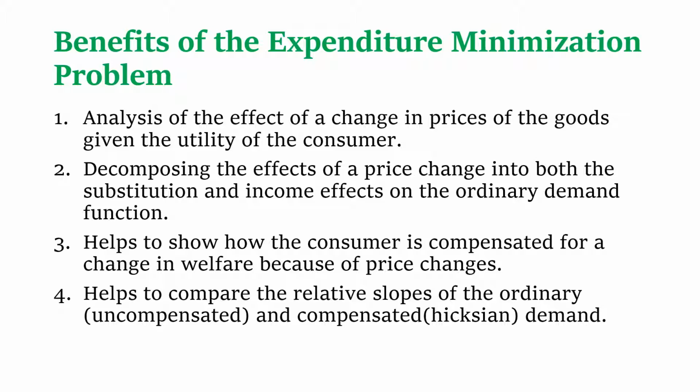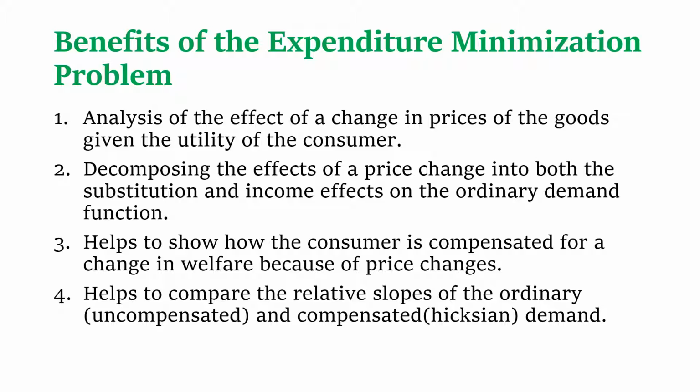So the reason why the Hicksian demand curve is steeper than the Marshallian demand curve is because it only has one effect, which is the substitution effect of a price change, whilst the Marshallian demand, or ordinary demand function, has both the income as well as the substitution effect of a price change.